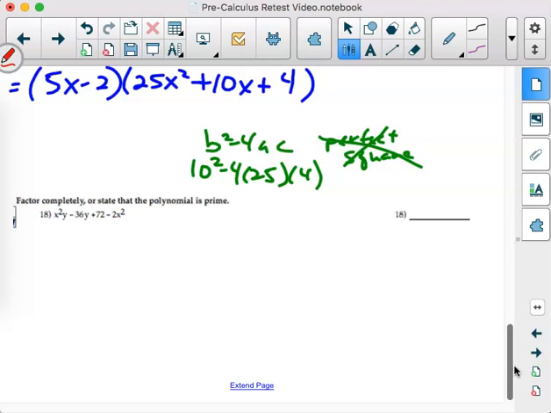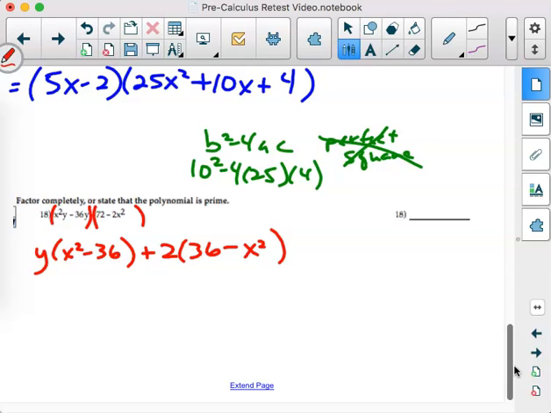So for this one, I noticed that it has 4 terms. And so I started thinking, well, I might have to trick my brain to see this. I'm going to do factoring by grouping. And in the first 2, I noticed there's a y in both of them that I can factor out. And in the back 2, there is a 2. Now, you get to this point, and you start thinking, wait a second, 36 minus x squared.